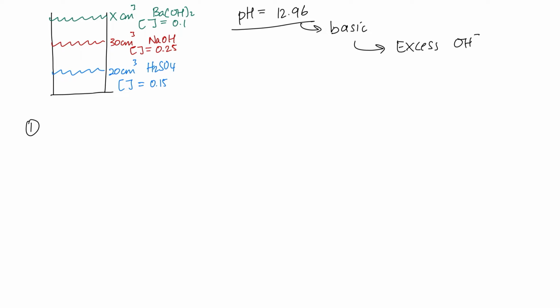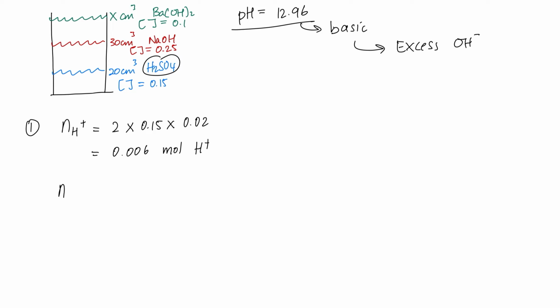First we calculate the number of moles of H+ coming from the H2SO4. As we said before, it's 2 times the concentration times the volume, which gives the number of moles. So 2 times 0.15 times 0.02 gives 0.006 moles of H+.